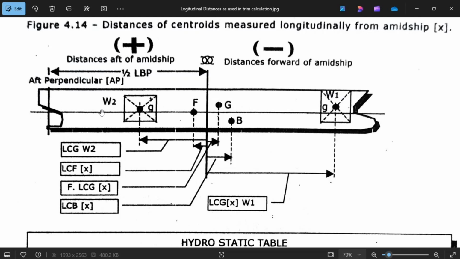So you have there the 1/2 LBP, length between perpendiculars, and distance from upper perpendicular going to your weight. What will be the distance from your weight going to the reference point or your midship? Okay, that's what it means.